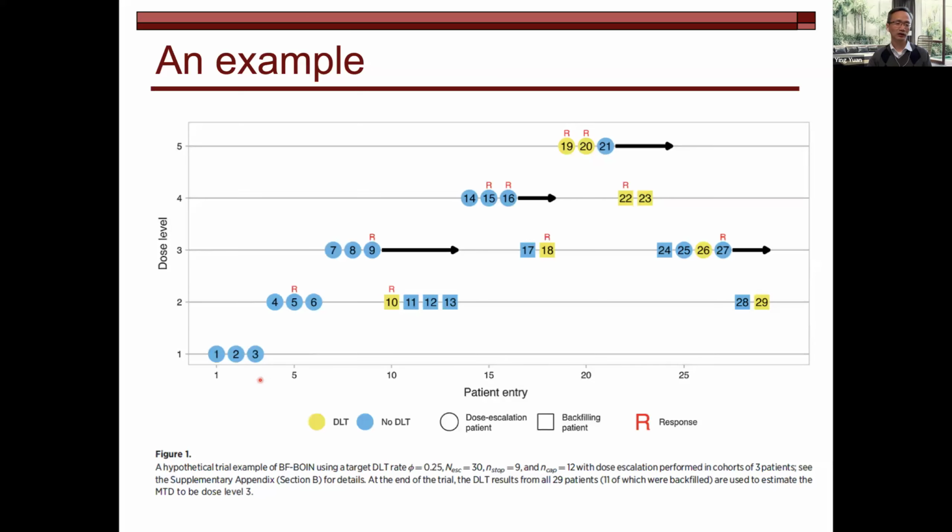Now we have 5 doses, 1 to 5. Starting from the lowest dose, we treat the first cohort of size 3, which is why you see 3 patients, 1, 2, 3.